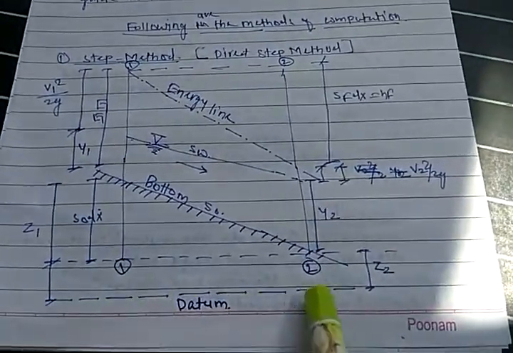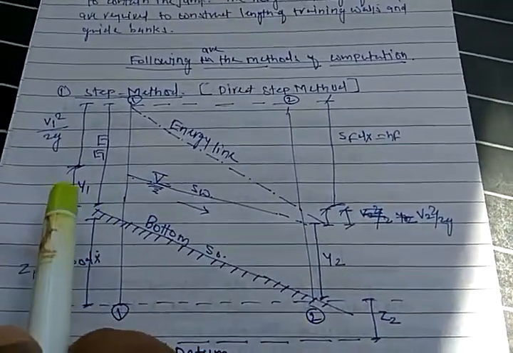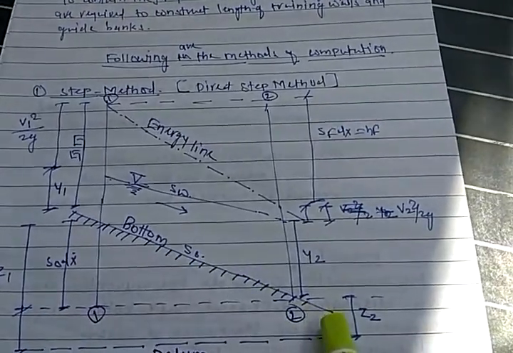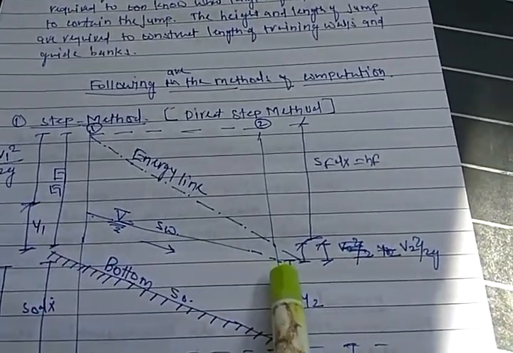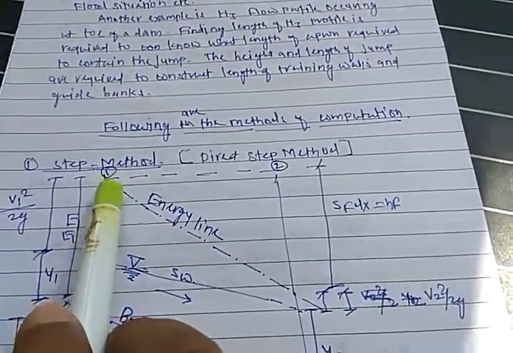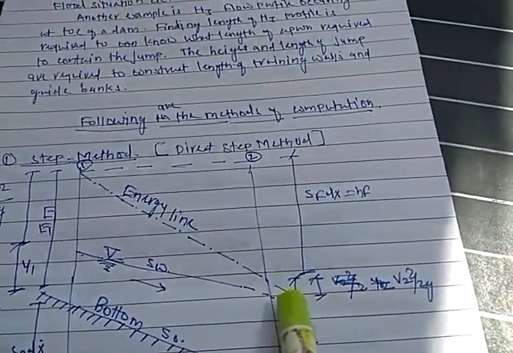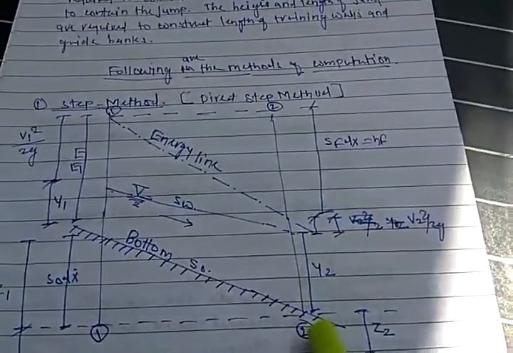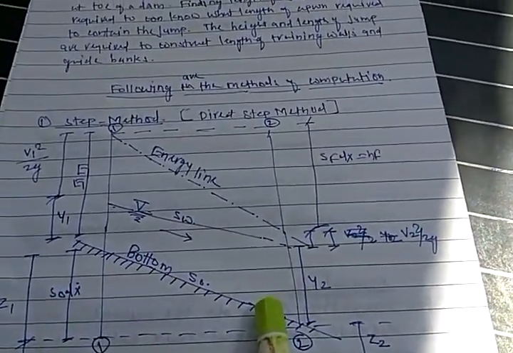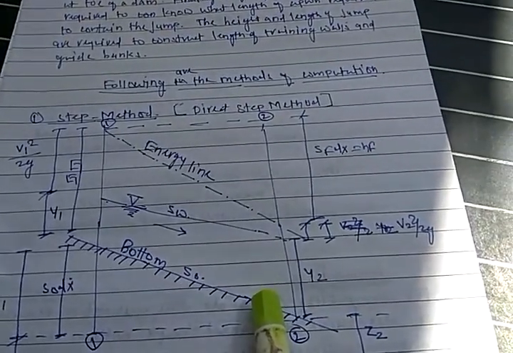This is the datum line. This is the bottom of the channel, bottom slope S0. This is the top water surface line, SW slope. This is the energy line, its slope will be SF. Section 1 and section 2. We will be considering the liquid volume between section 1 and section 2.